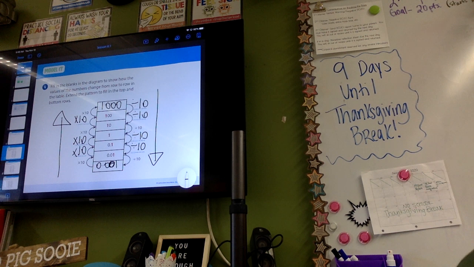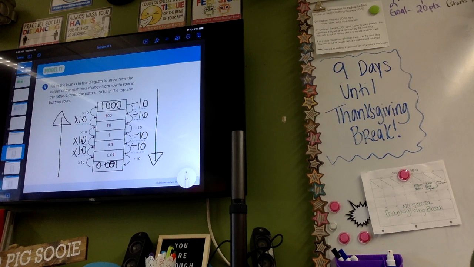So we talked about decimals when you multiply by 10. Okay, you move your decimal to the right. When you divide by 10, you move your decimal place to the left because it gets smaller. Okay, because think about when you multiply and divide, think about what we just did. When you multiply, what happens to your answer? It gets bigger. When you divide, what happens to your answer?